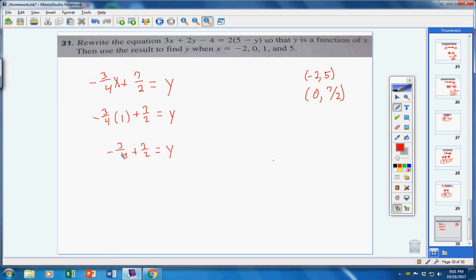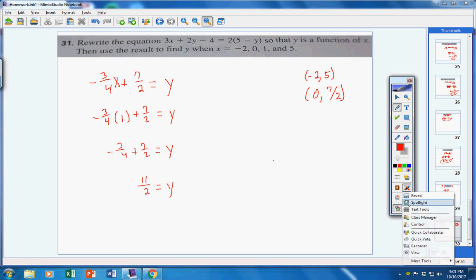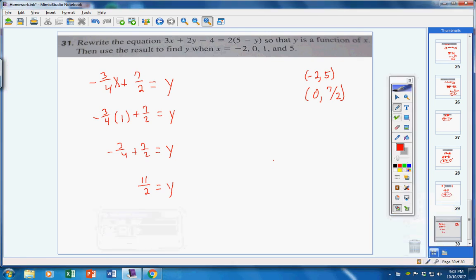And then if you added these two, -3/4 and then positive 7/2, you would get 11/2. And actually, students, that would be 11/4. There we go. So when I put in 1, I got out 11/4, or you could say 2 3/4.